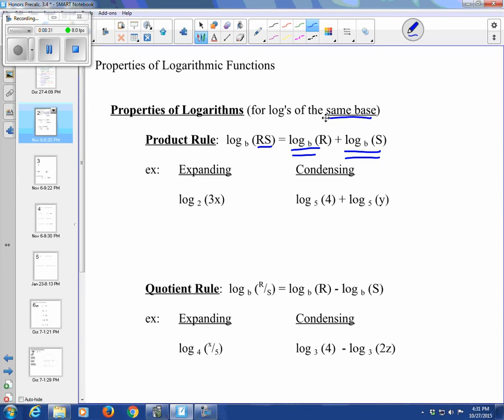So let's say I've got log base 2 of 3x. I could expand that out into log base 2 of 3, and then plus the exponent log base 2 of x.